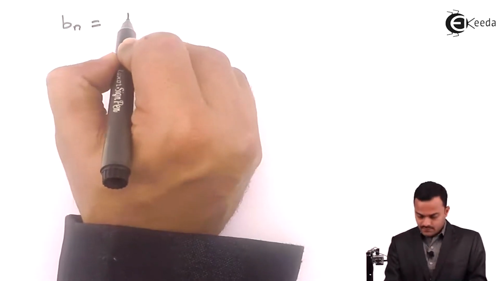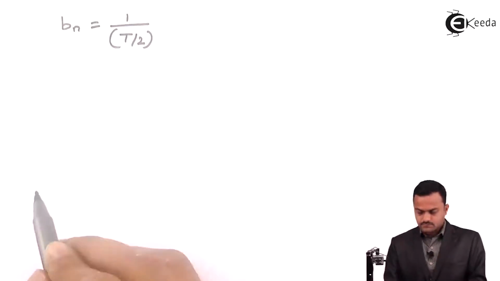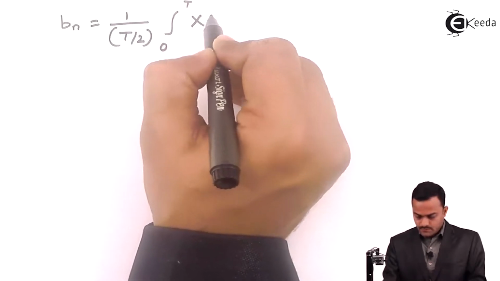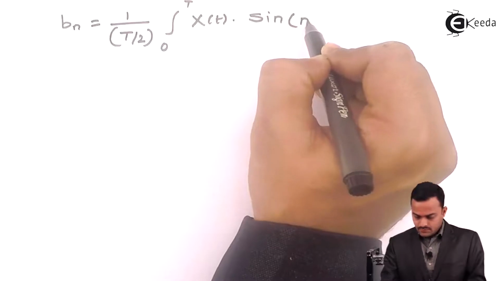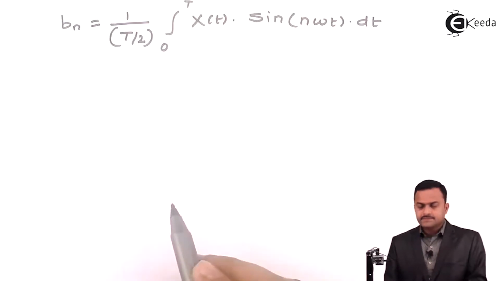So bn is 1 upon half the time period, integral 0 to T of x of t sine n omega t dt.